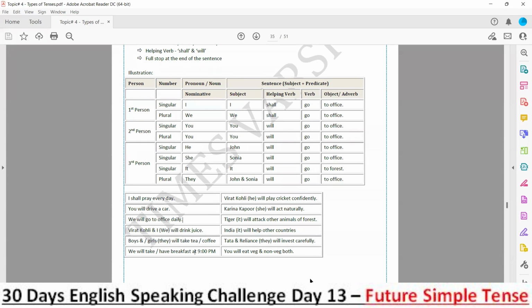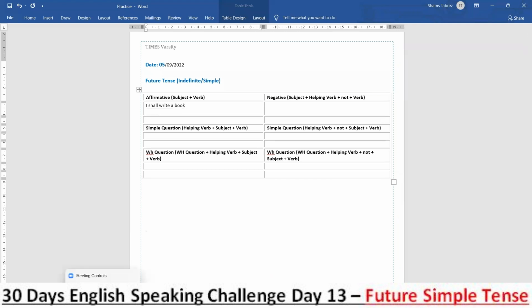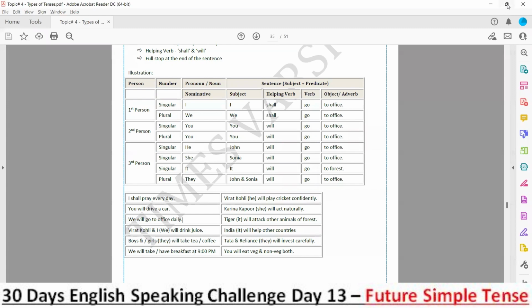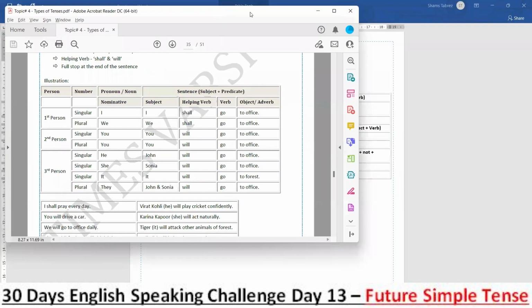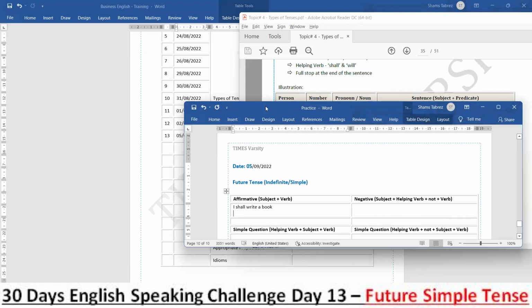Now, by using the verb write, please make sentences. I shall write a book. Okay. Then next, you can refer to this one. So we shall write a book.